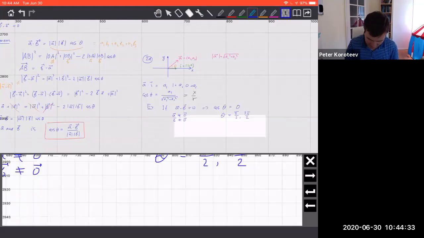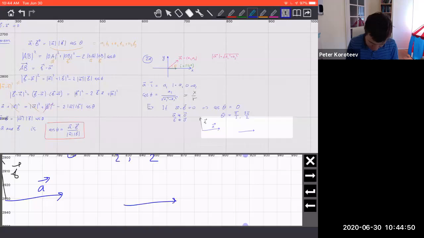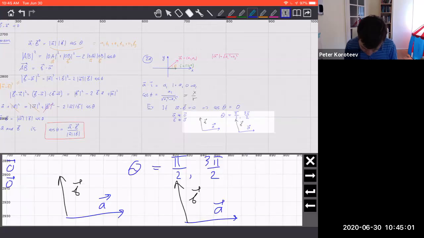So if one of these two situations is realized, right? So it's either this, so this is B, and this is A, or the other one. So therefore, regardless, the angle is 90 degrees.